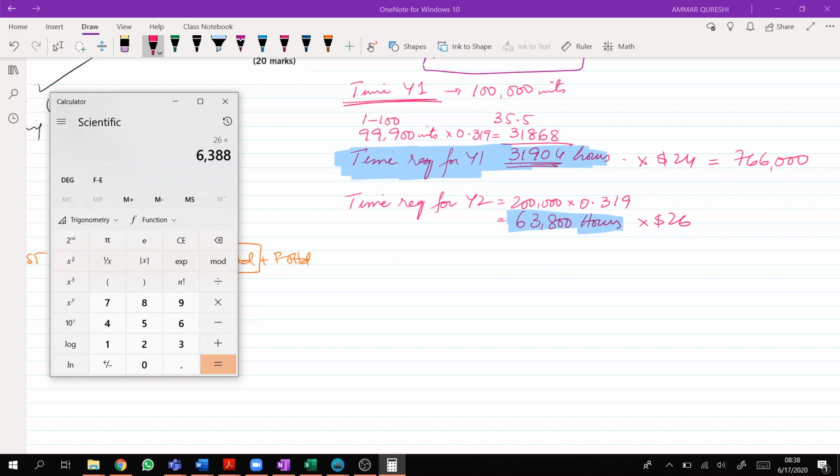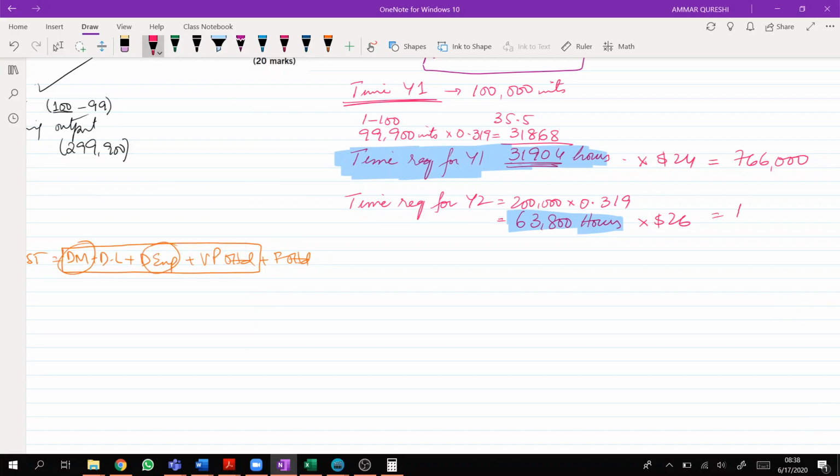I think there is some sensitivity issue with this screen. It's 1,659,000. So what will be the total revised labor cost?